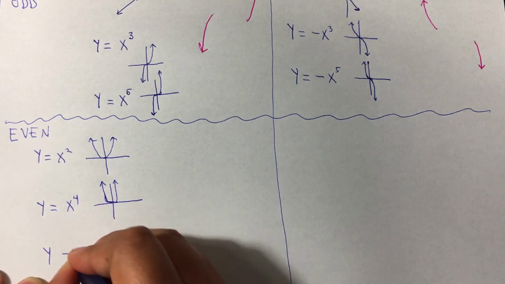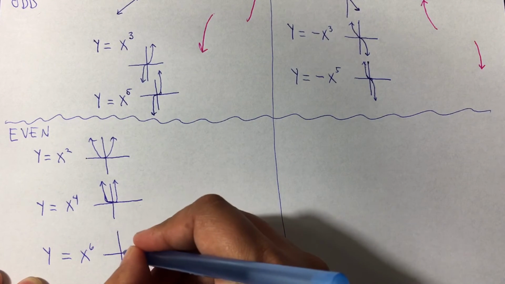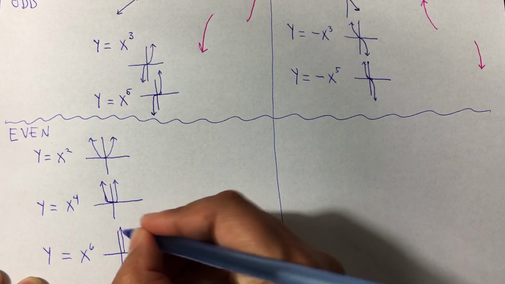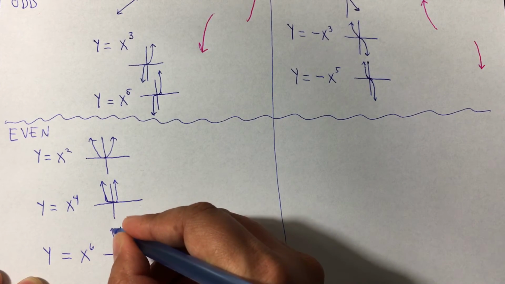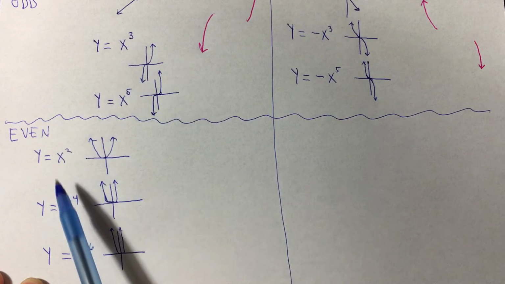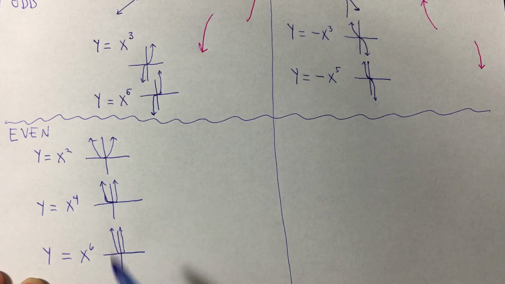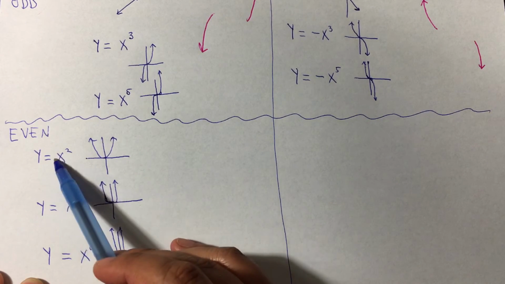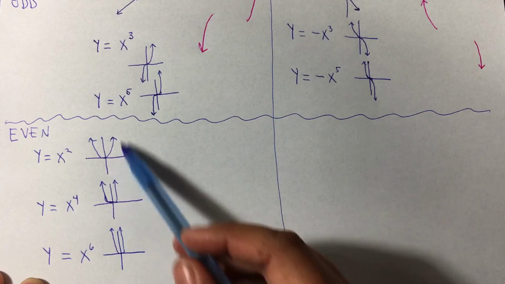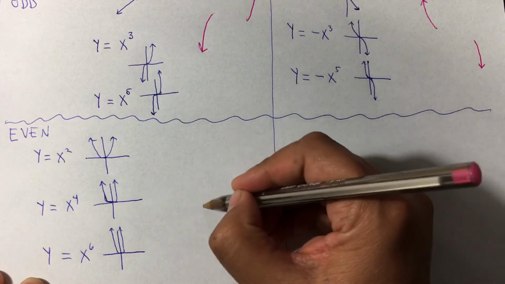And we had y equals x to the 6th power. Very similar but growing even faster. So what's happening when it's positive if it's even, both hands will go in the same direction. The leading coefficient is positive, so both will point up. Okay, so both pointing up.